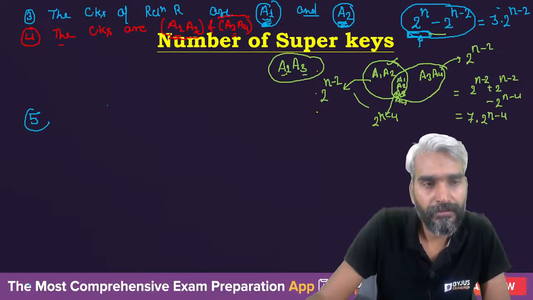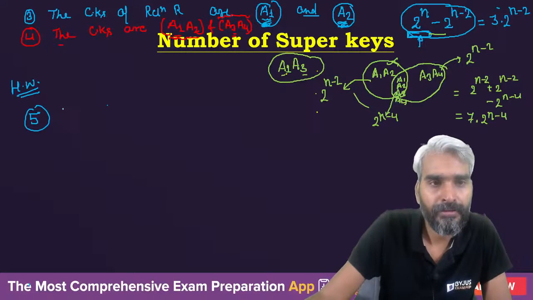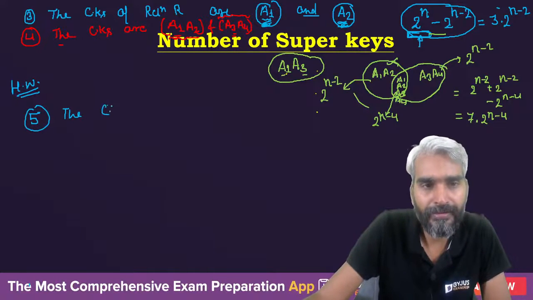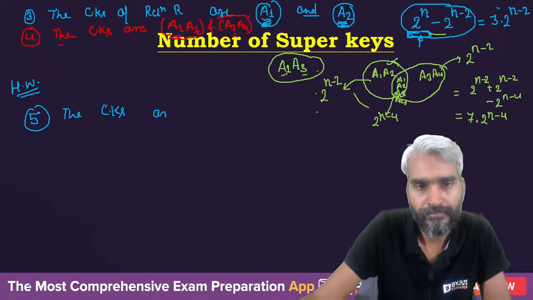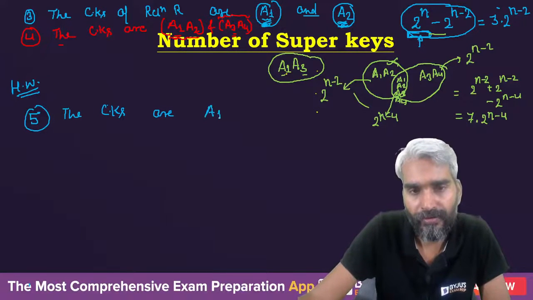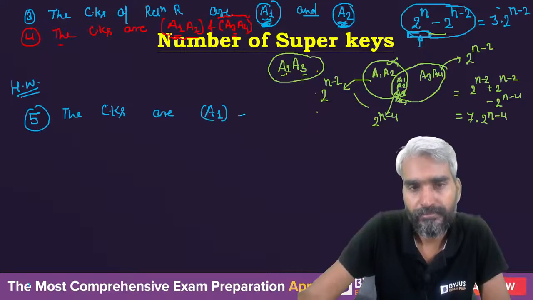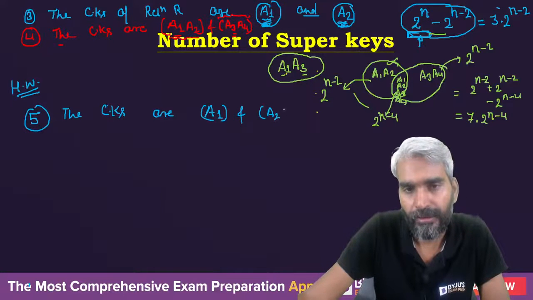The fifth problem, these are your homework. The candidate keys are A1 and A2 and A3.